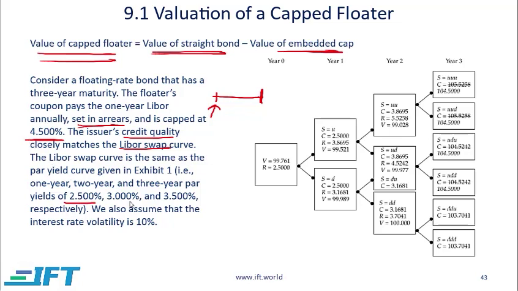We are using the same rates that we have seen before, and based on these rates, the forward rate at the end of year 2 in this node is 5.5%, which means that if there were no cap, then the coupon rate would be 5.5% over here.